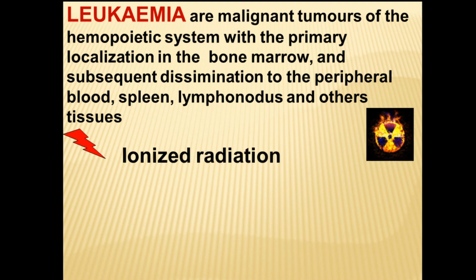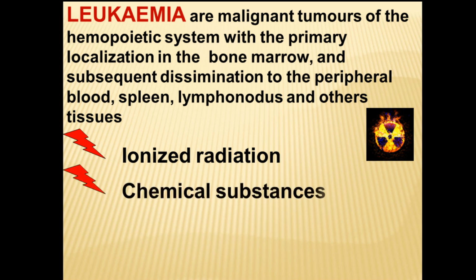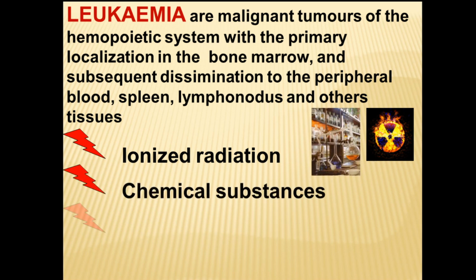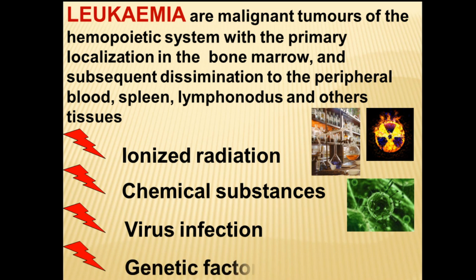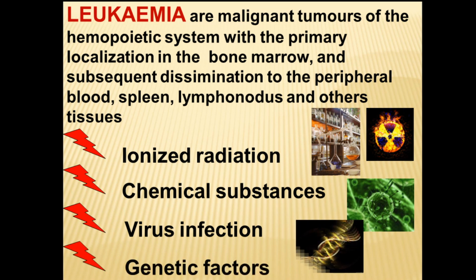Etiological factors of leukemia are not completely studied, but we know that more often it appears after the action of ionizing radiation, some chemical substances, and virus infection. And we must remember about genetic factors.